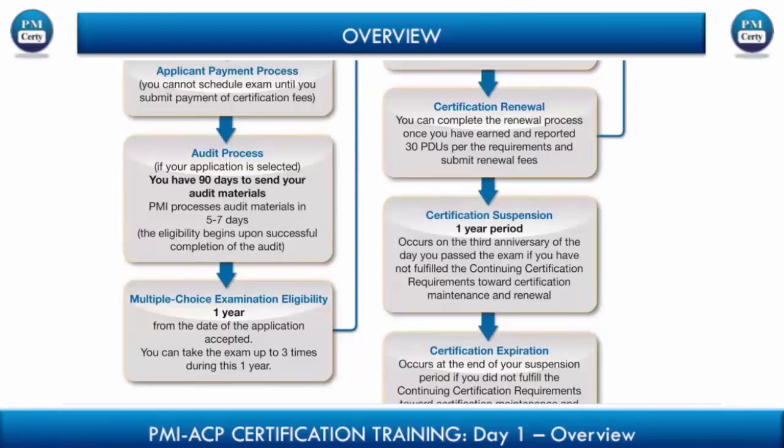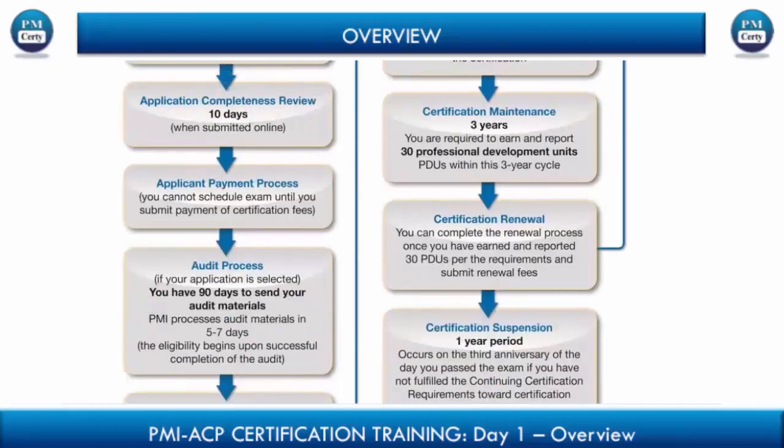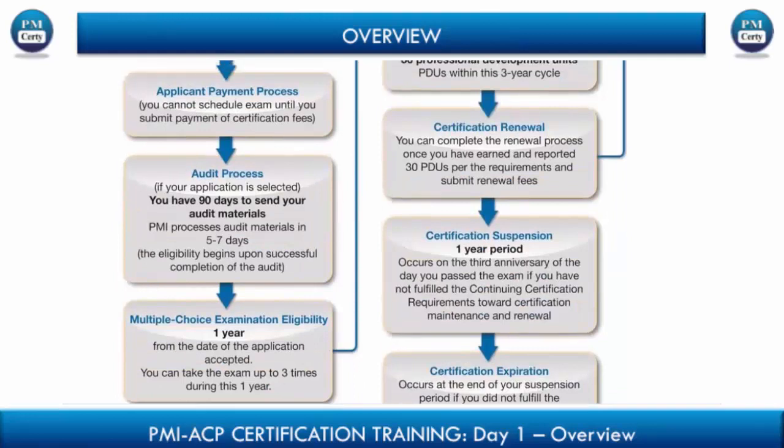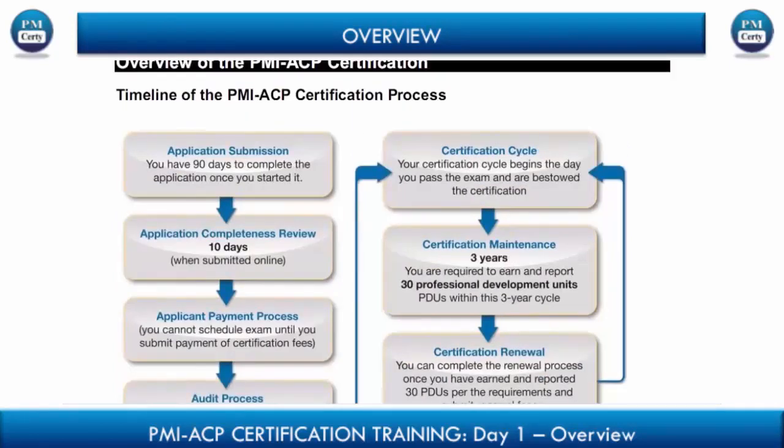Then you go on to do the exam scheduling on a Prometric Center site, for which you have 1 year from the date of application. You can also reschedule with some preset timing. I think they give you 1 or 2 days in advance when you have to tell them, in case for some reason you can't take it on the scheduled day that you had asked for.